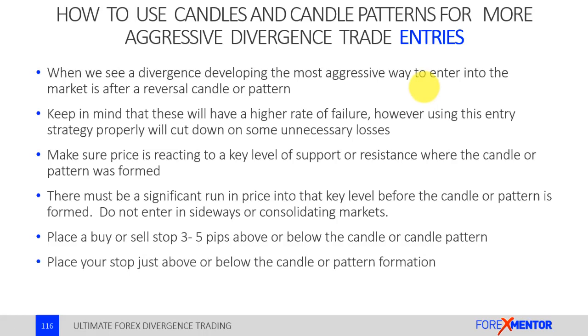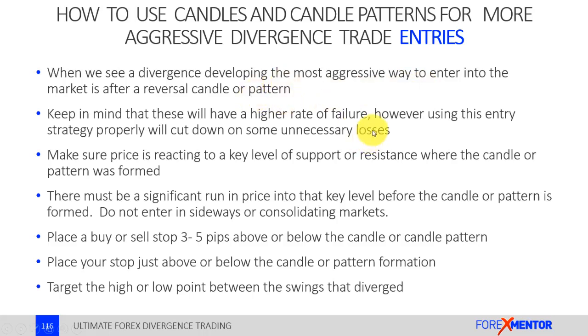Now, as you can imagine, this can give you some really good reward to risk ratios because you're not really waiting for a run in price to break a trend line. You're just looking for that candle pattern and for price to follow through, break that candle formation to the side you want to trade, and you're going to place your stop above that candle. Your target here is going to be the high or the low point between the swings that diverge.